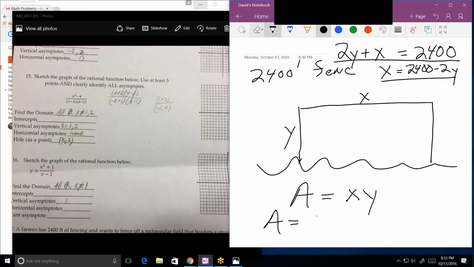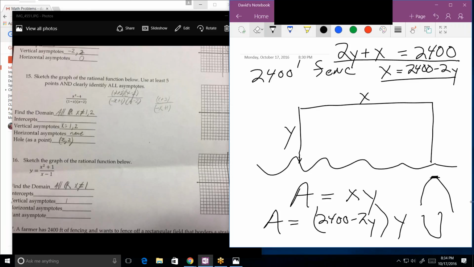Instead of x, I'm going to write 2,400 minus 2y and multiply that by y. Now, notice that when I multiply that, I end up with a quadratic in y. And quadratics either look like this or they look like this. Well, this quadratic is going to have a minus 2y squared, so it's going to point downward, and that point right there is where we will have a maximum area.